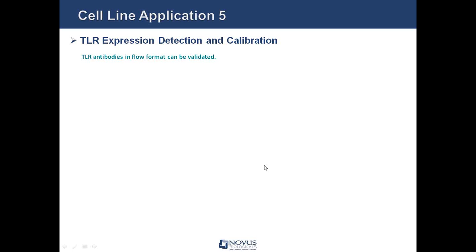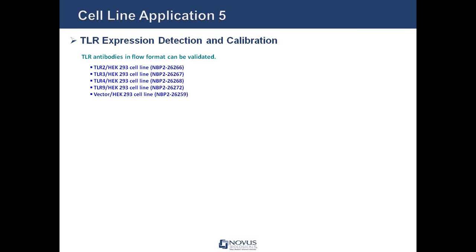You can use our TLR stable cell lines for TLR expression detection and calibration. For instance, if you have a flow-specific TLR antibody, you can use our TLR stable cell lines.